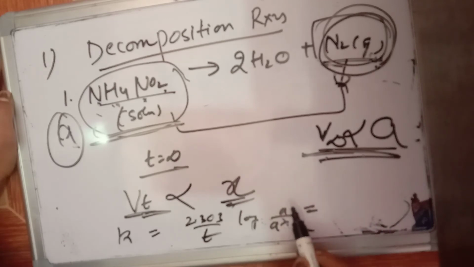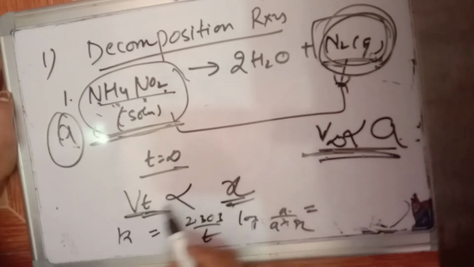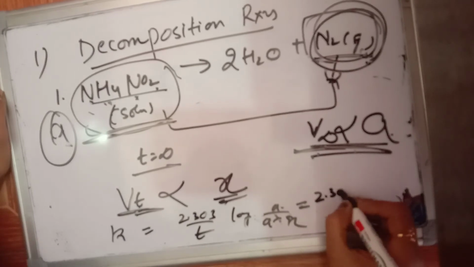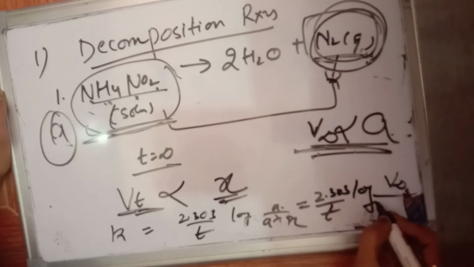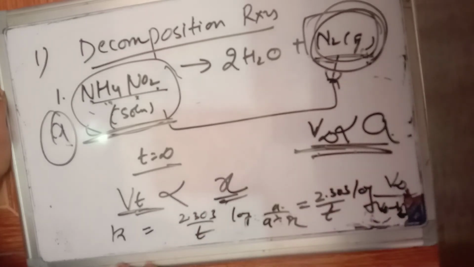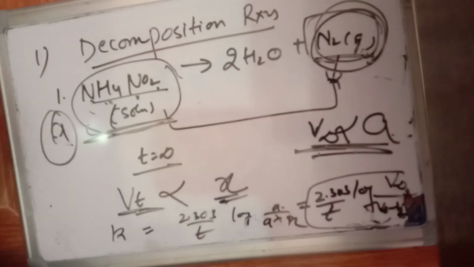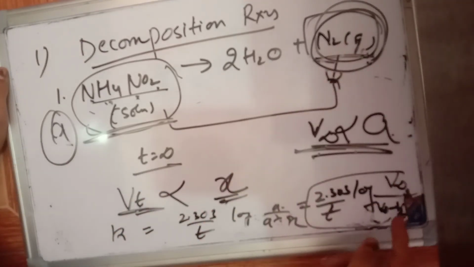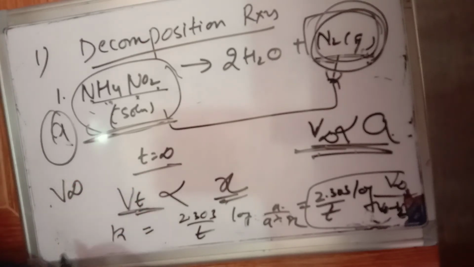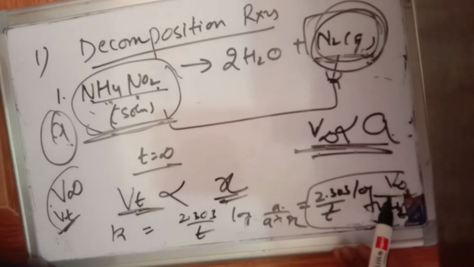So I'll put V infinity instead of a and Vt instead of x. So we get k = 2.303/t log V infinity/(V infinity − Vt). This is my rate expression for the decomposition of ammonium nitrite. We can study it by measuring the volume of nitrogen. We need V infinity at infinite time and Vt at any time t, and we can put these values in this expression and find k for the decomposition of ammonium nitrite.